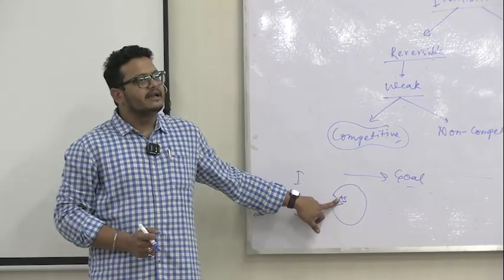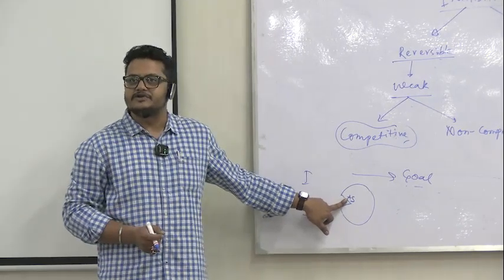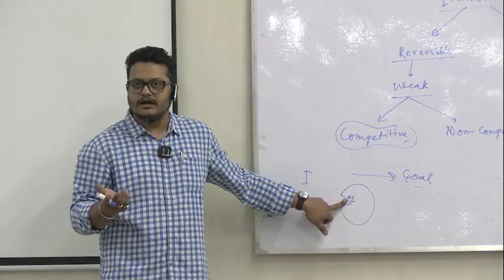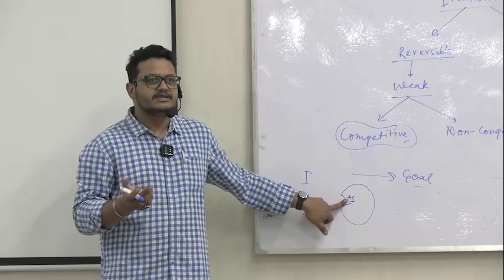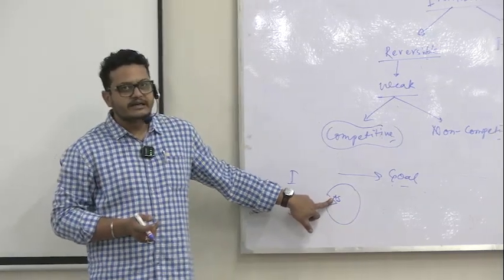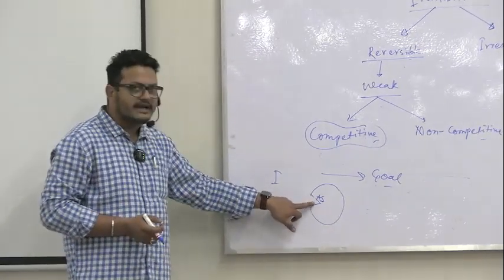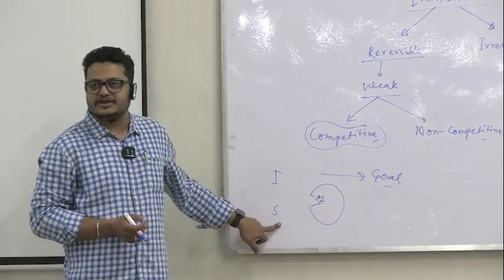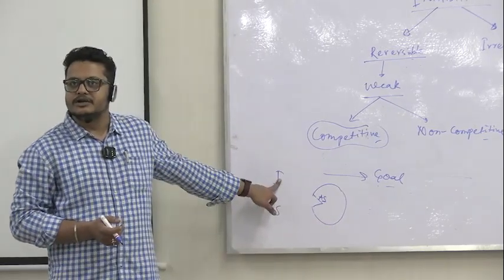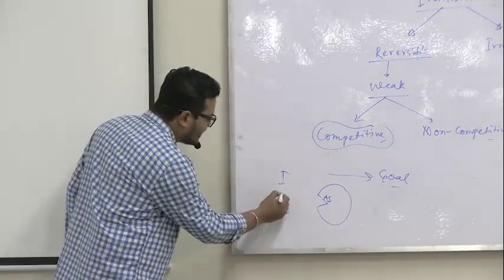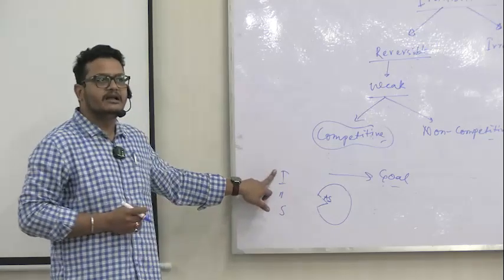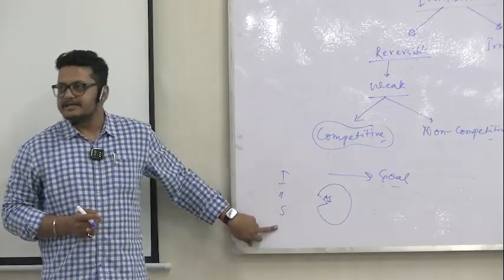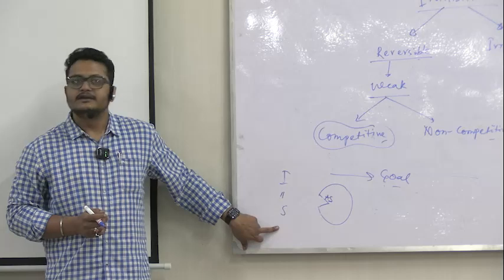But we know that the active site is specific to the substrate. We know now, the active site of an enzyme is specific to the substrate. So this active site has to be specific for the substrate as well as for the inhibitor also. So in this ratio, we say that the structure of the inhibitor and the structure of the substrate should be the same.